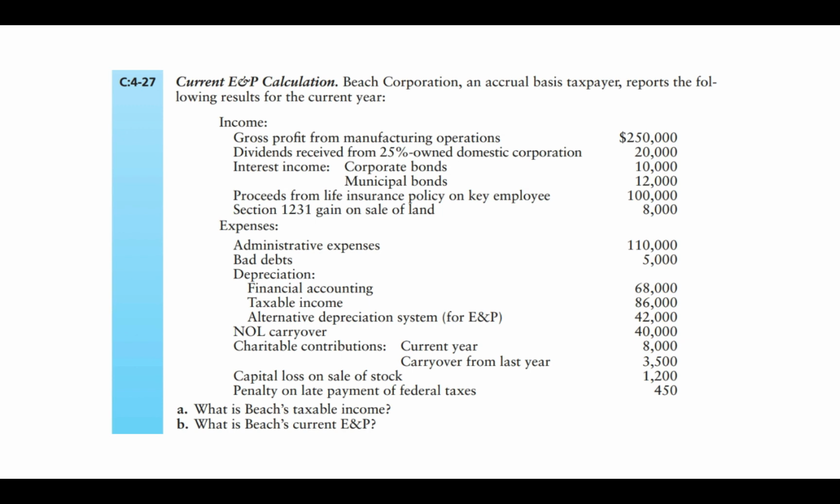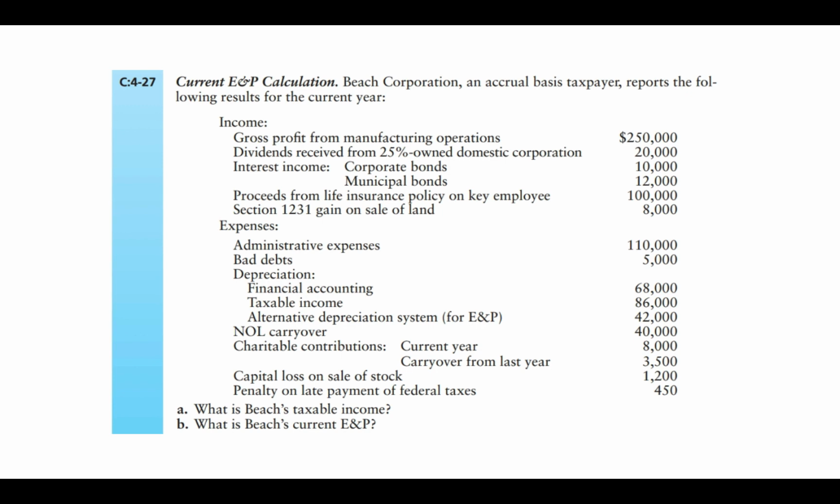All right, next I want to know my current earnings and profits. And we know we start with the taxable income and we make adjustments. So looking at this list, the things that are going to differ, things that we're trying to get to, a true economic picture of our activities. So there are some differences, right? When we look through the list, we know we didn't include the interest on municipal bonds.